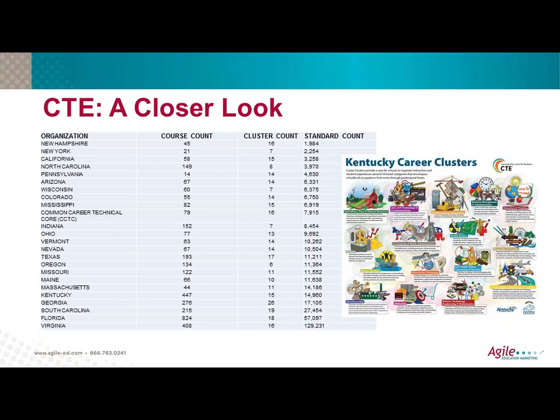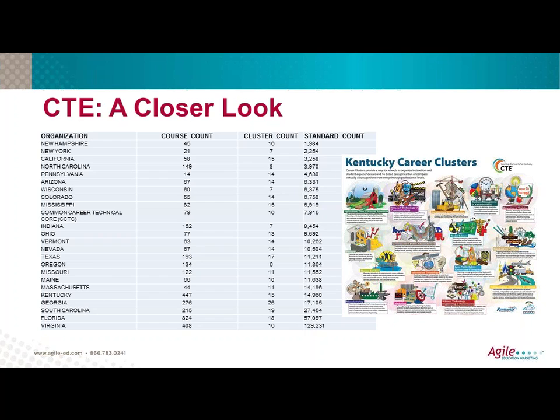No, go ahead. I just wanted to point out that in addition to all that Gina's been saying, if you look at the cluster count, you'll see that New York only has 7 clusters out of 16, and the national set, the CCPC, has 16 clusters, and that's normal. That's the normal full broad set of clusters, and then each cluster is broken up into its pathways.